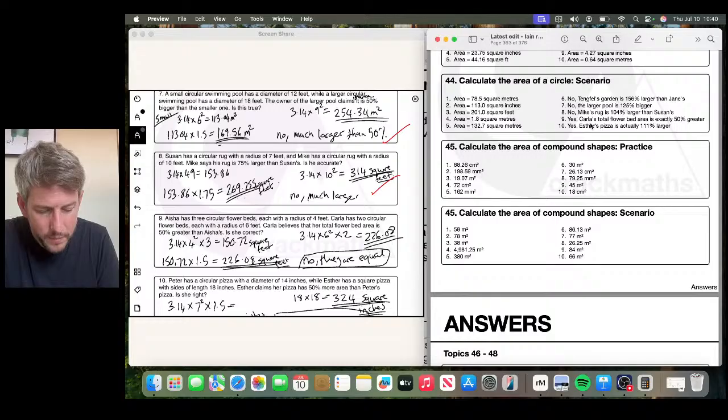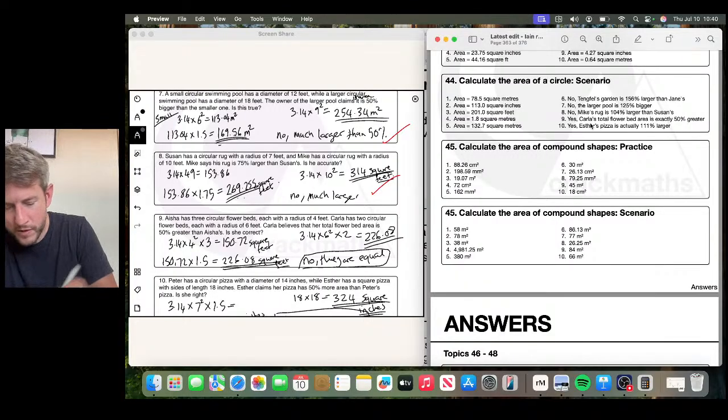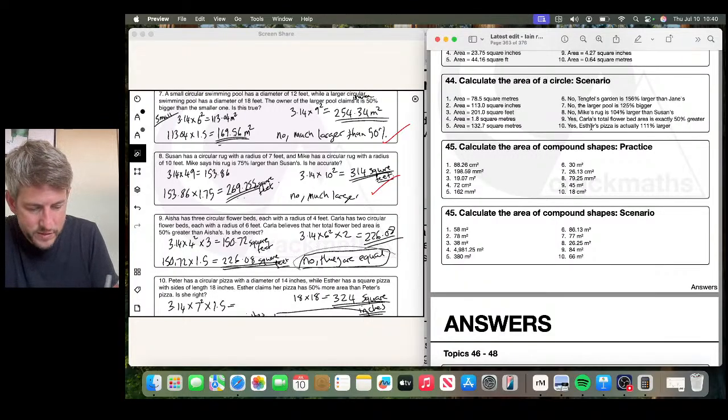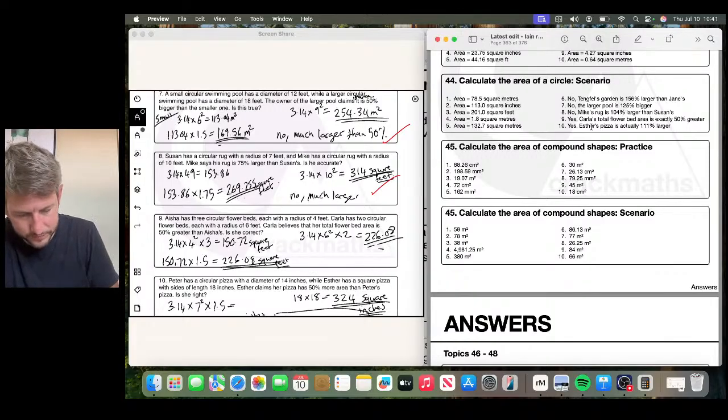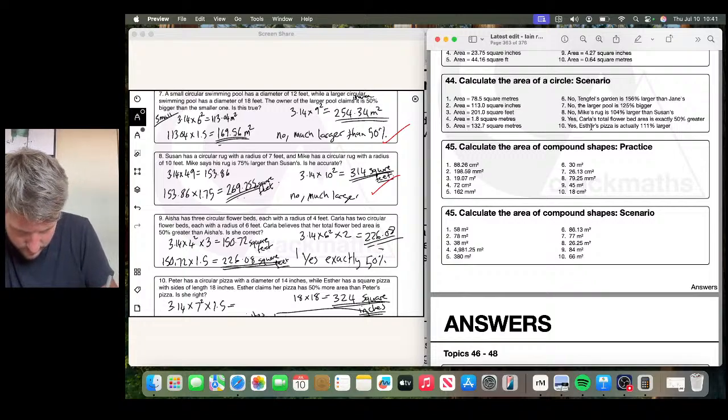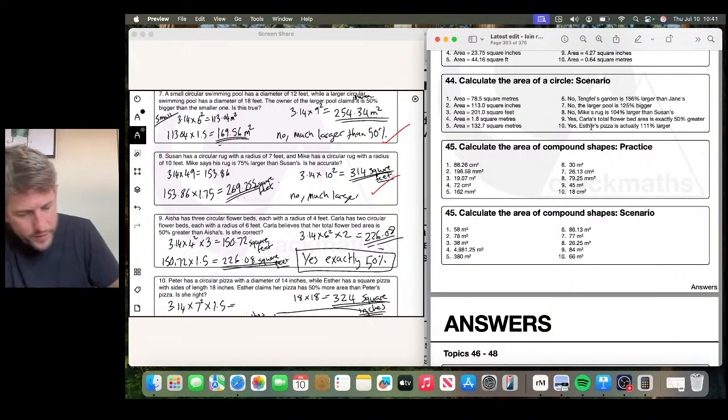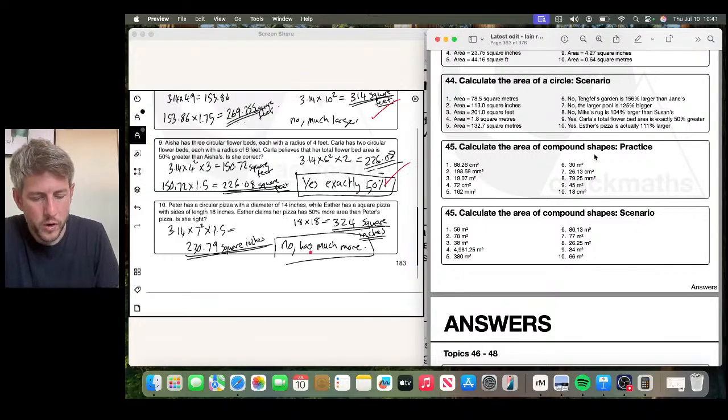Oh, right, Carla. So this was wrong, so this one is right. Right, this one can be left. I just wrote the answer down incorrectly. And here we've got no, yes.